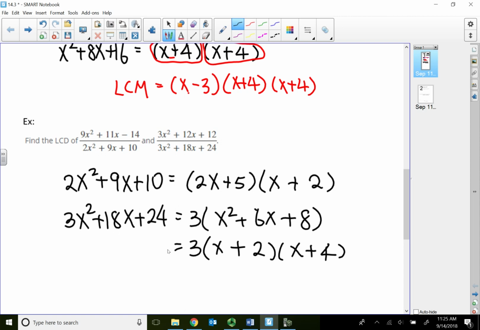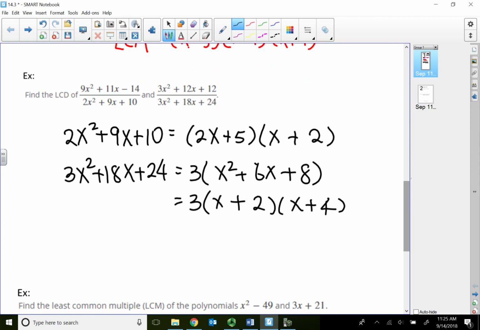All right, so once I factor each one of my polynomials, let's count the repeated factors and the non-repeated factors between the two denominators. As you can see, the x plus 2 repeated, we count that one time.